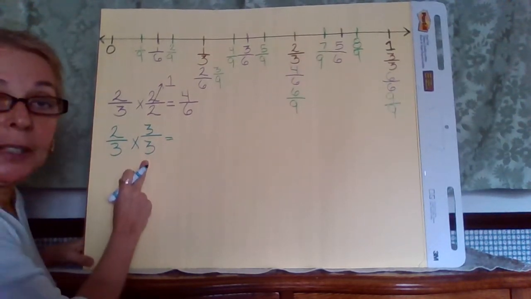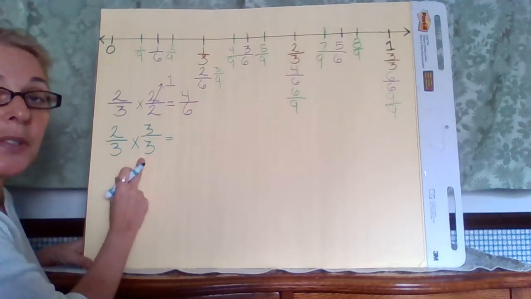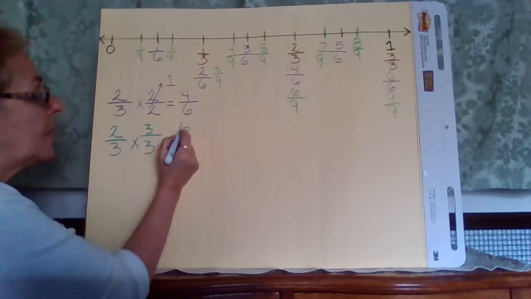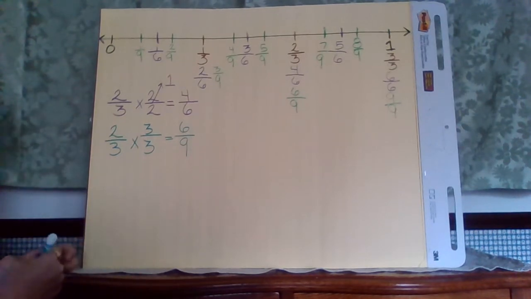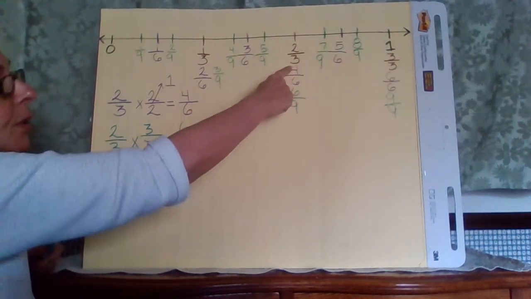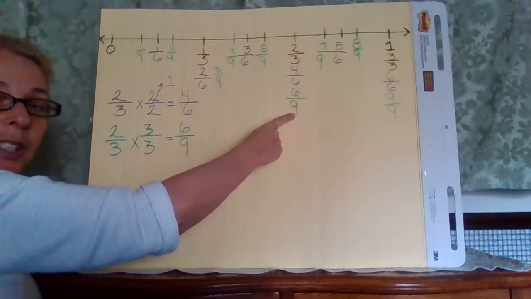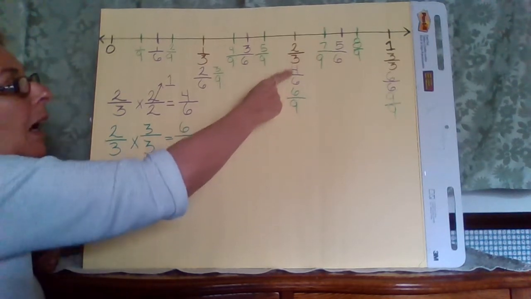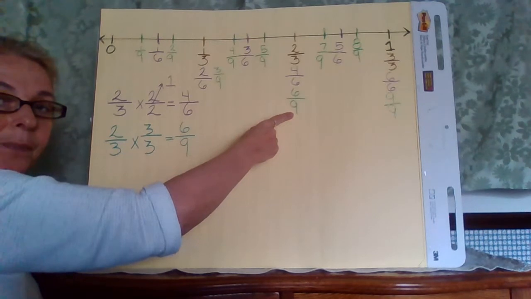And I'm also tripling the number of parts that I have in my denominator. So when I do that calculation, 2 times 3 is 6, 3 times 3 is 9. And we see on our number line over here, 2/3 is at the same location as 6/9, meaning they're equivalent fractions. We also saw that 4/6 is equivalent to 2/3.